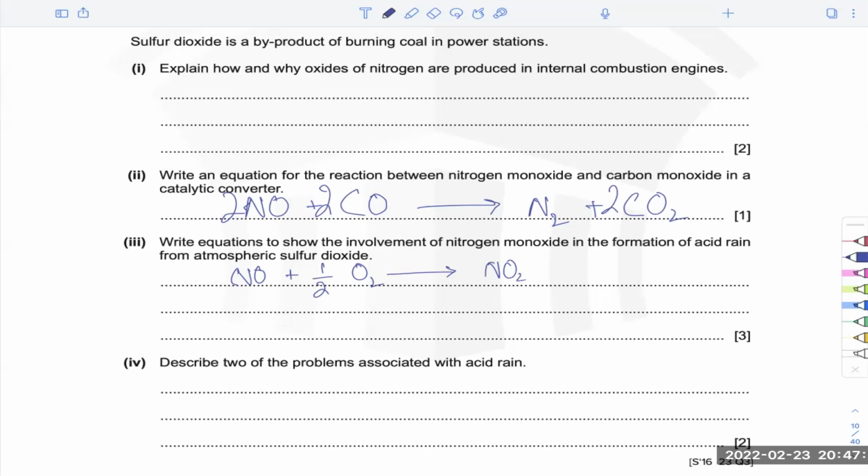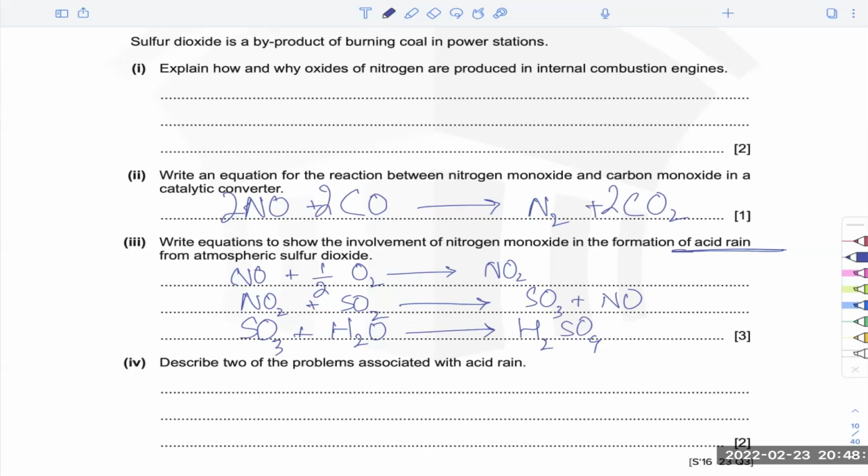That nitrogen dioxide is a catalyst for oxidation of sulfur dioxide, so SO3 plus NO. NO is the catalyst in this case, and then this SO3 can dissolve in water and produce acid, which is obviously the reason for acid rain. So we have to give 3 equations. वो acid rain वाली बात हो गई.